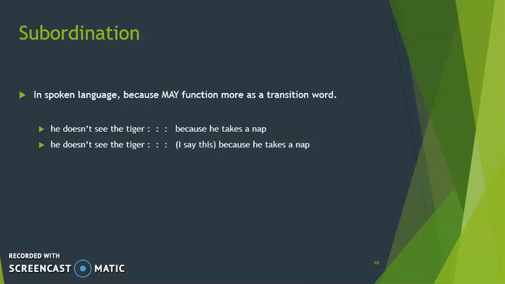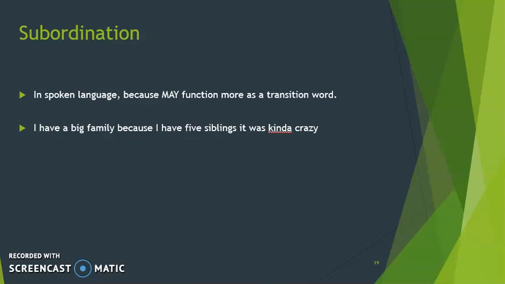So if a learner said something like, he doesn't see the tiger, and maybe there's a long pause, because he takes a nap, that long pause might mean that because is more functioning as an unspoken, I say this because he takes a nap. He doesn't see the tiger. I say this because he takes a nap. And of course, the learner might not say, I say this, right? After the long pause, they just might explain to the listener with the word because. So we have to look at that.